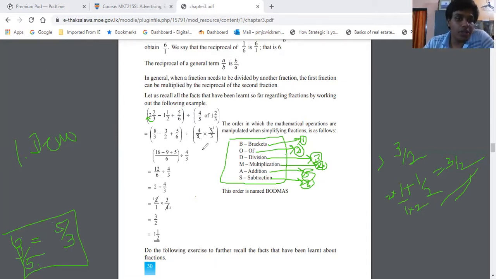So how does this become 8 over 3? 3 multiplied by 2 will give you 6. Then 6 plus 2 will give you 8 over 3. That's how you convert it to an improper fraction. Now you're good to go.